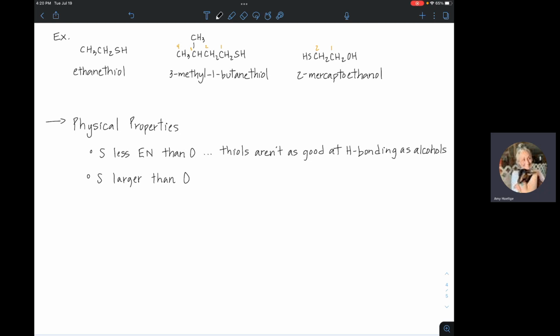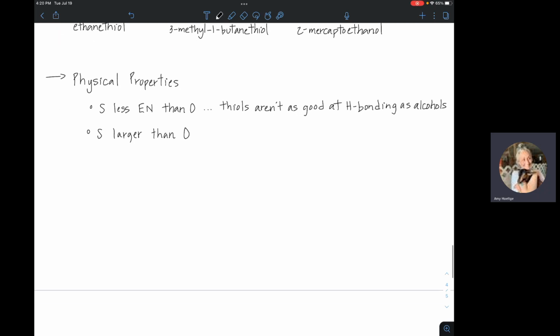So if I deprotonate methane thiol, what I get is this. And if I deprotonate methanol, I get the methoxide ion.